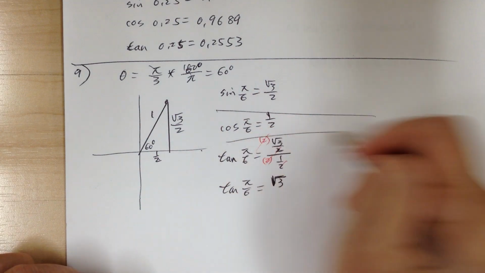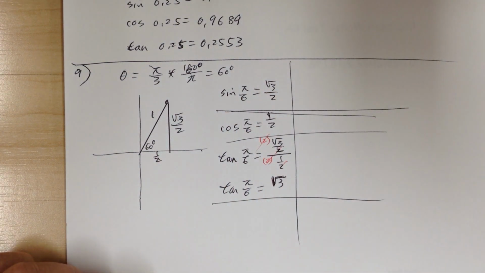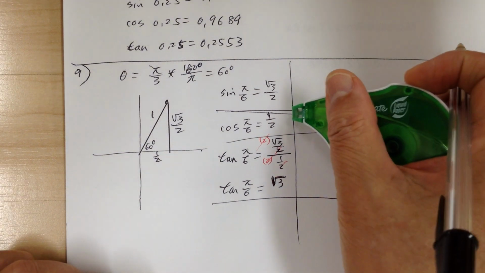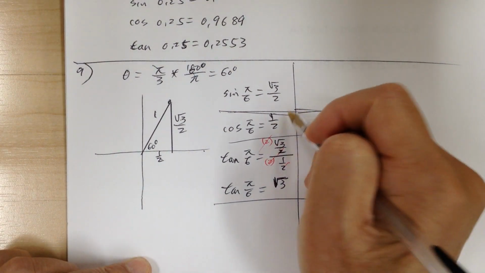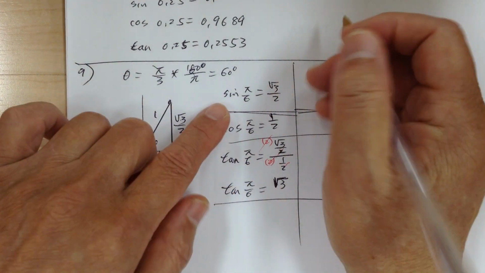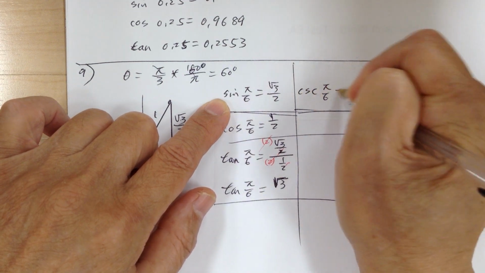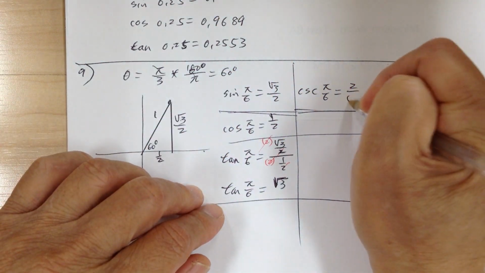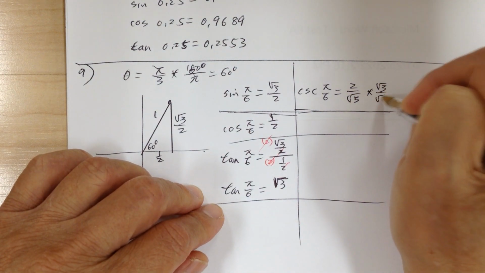Okay, so now let's go and get the other 3. Again, first you get the primary, then you get the secondary. The one that goes with sine would be cosecant. So you go to 2 over square root of 3, and you simplify by multiplying by square root of 3 over square root of 3.